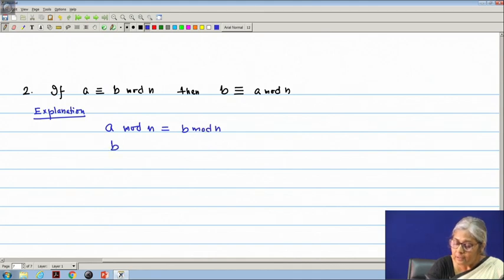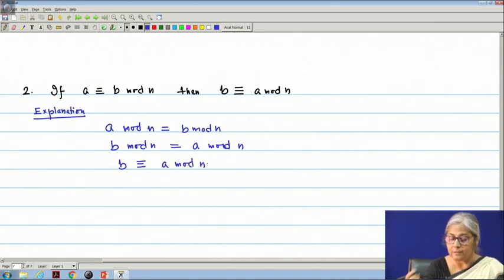So, I can just write this side b mod n equal to a mod n, and this is the definition that b is congruent to a modulo n. It is very trivial.